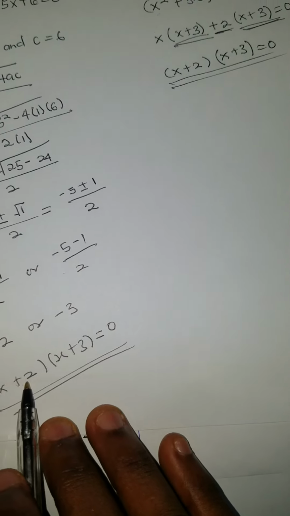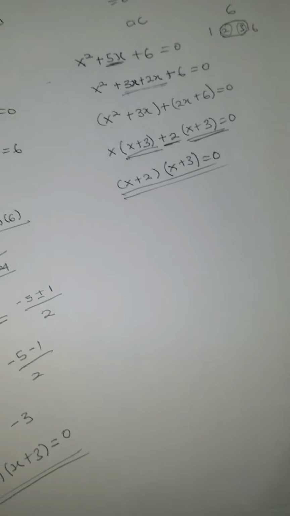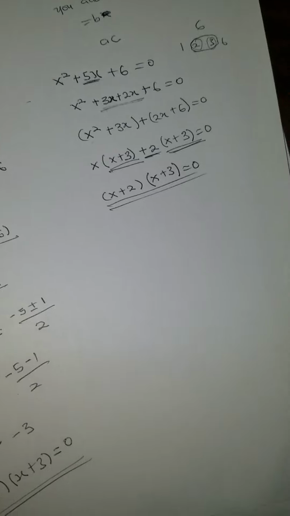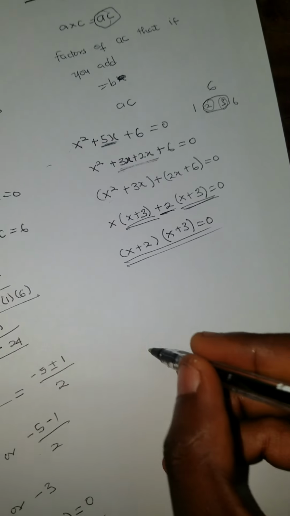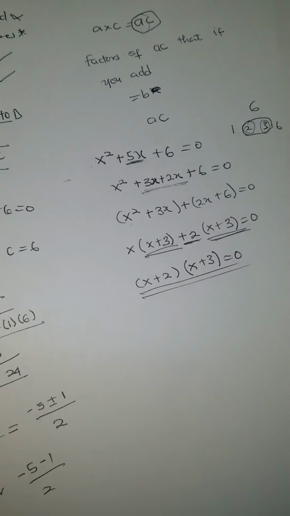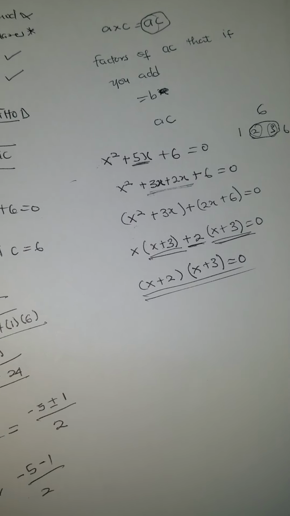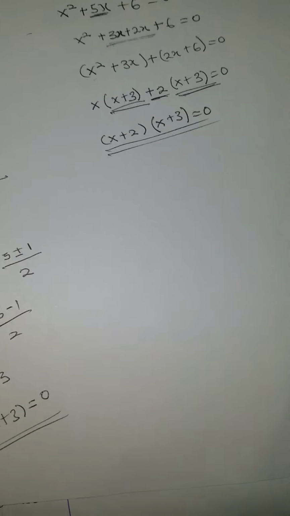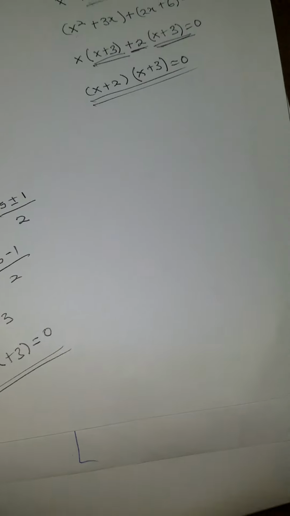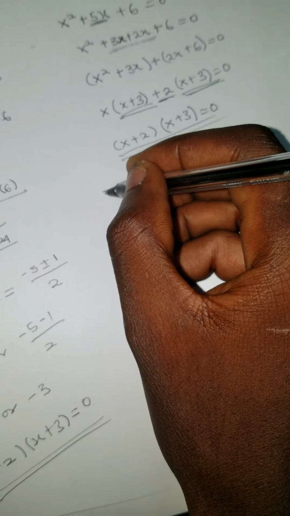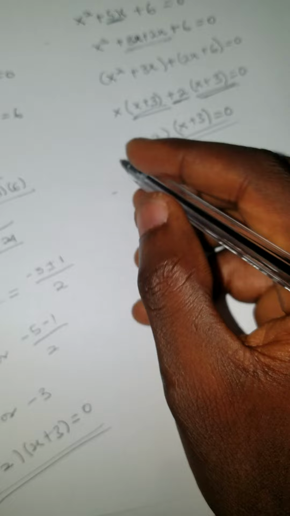And this is the same answer we got when we used the formula method. Now there is one thing about the formula method I forgot to speak about. In the formula method, there are solutions only when something happens. So I want to state it right now. Please take note.